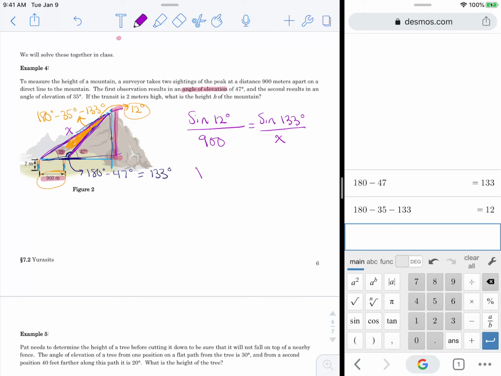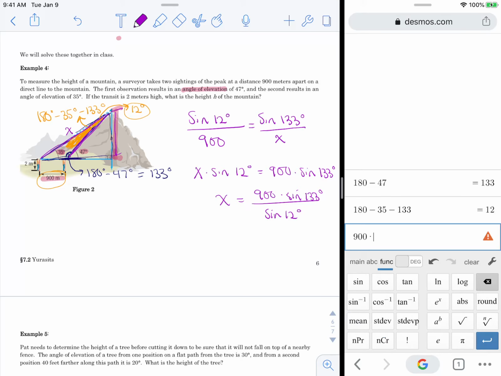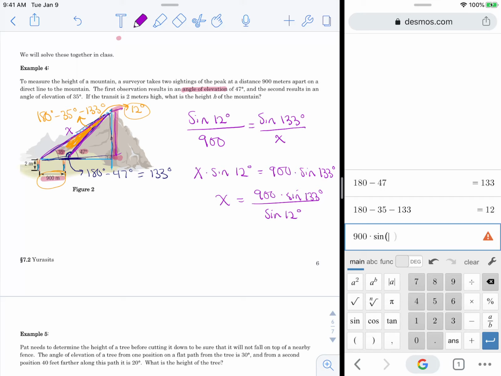So if I cross multiply, then I'm going to divide by that sine of 12 degrees. I'll rely on my calculator. So 900 times sine of 133.